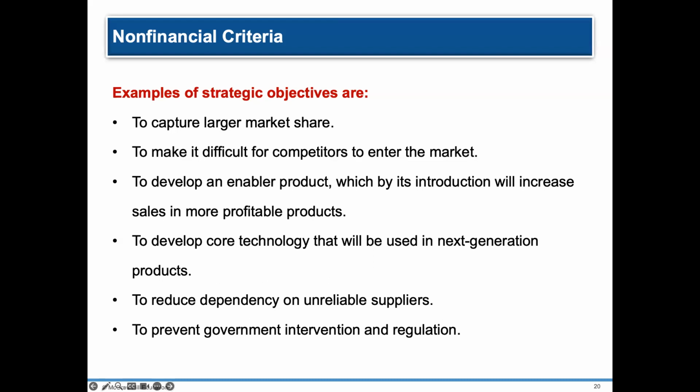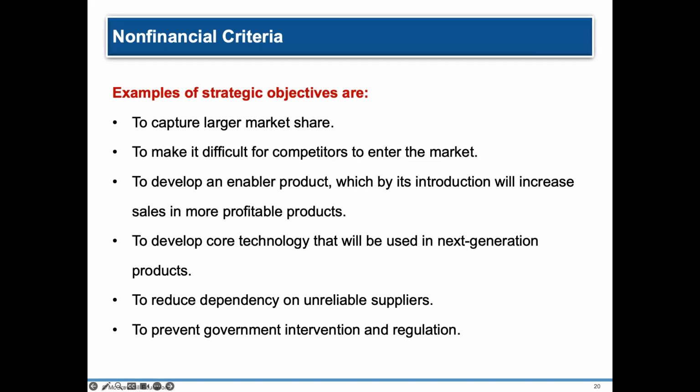So some of the examples of strategic objectives that are being considered as a non-financial criteria for selecting projects is number one, to capture market share. So what does this mean?